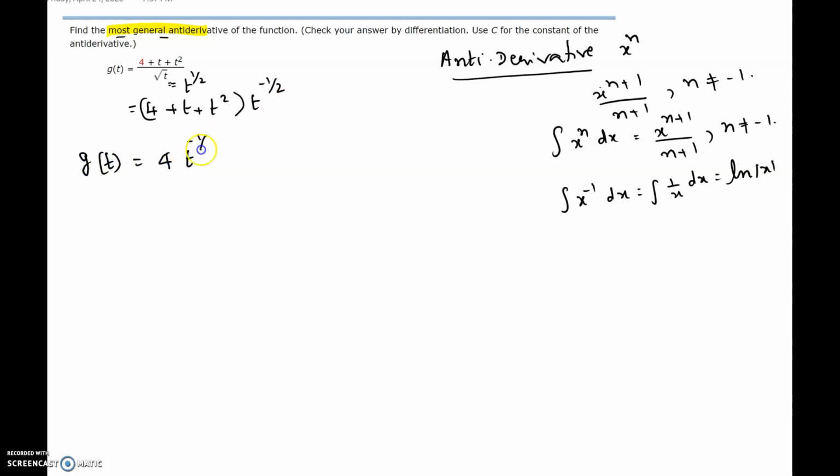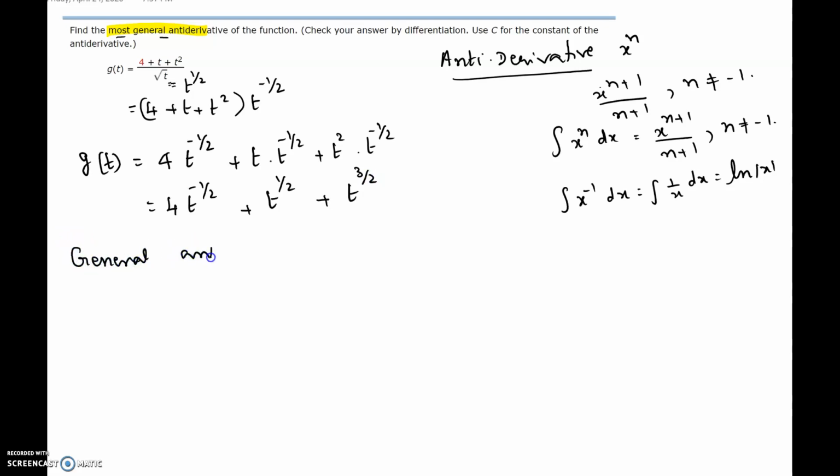So it is 4t to the negative 1 half plus t times t to the negative 1 half plus t squared times t to the negative 1 half. So it is 4 times t to the negative 1 half plus t to the 1 half plus t to the exponent 3 halves.